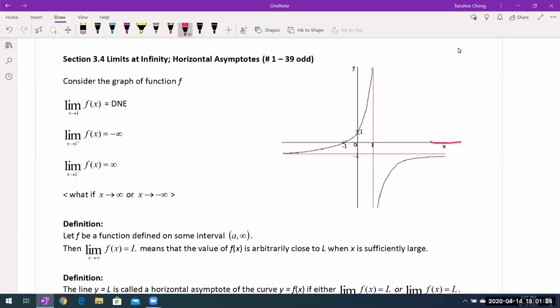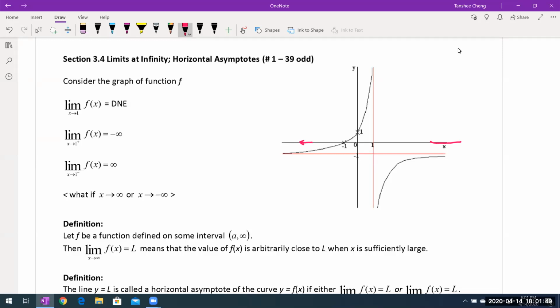As you can see, this graph is basically approaching this horizontal asymptote. And also, as x approaches negative infinity, going in this direction, the graph on the top is approaching this horizontal asymptote from the top as we move on.